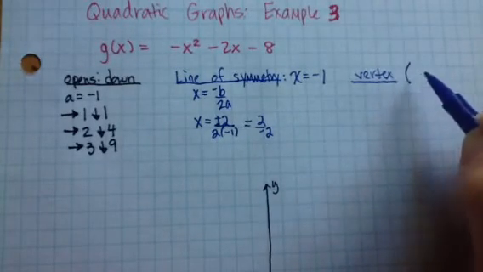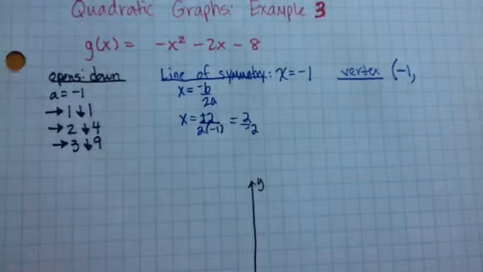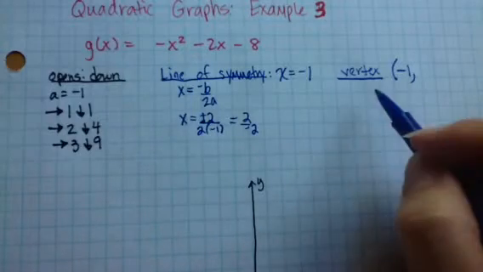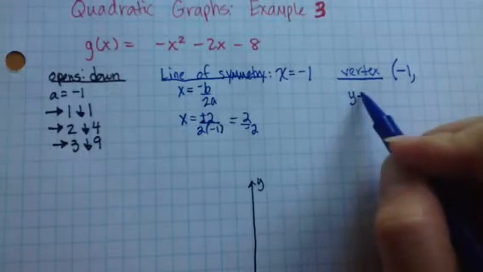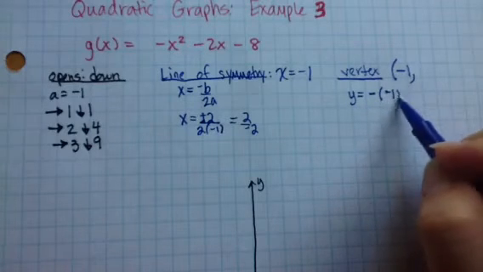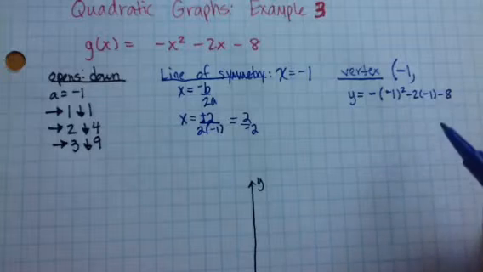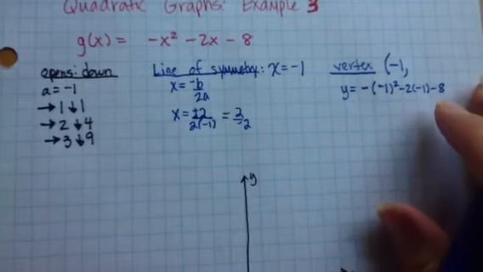The vertex will go through negative 1, comma, and we're going to plug negative 1 in for x to figure out our y value. So y will be negative, or the opposite of, negative 1 squared minus 2 times negative 1 minus 8. We have to be really careful with the order of operations.